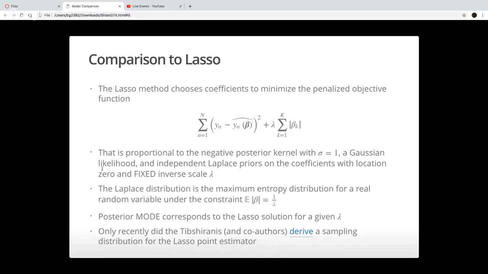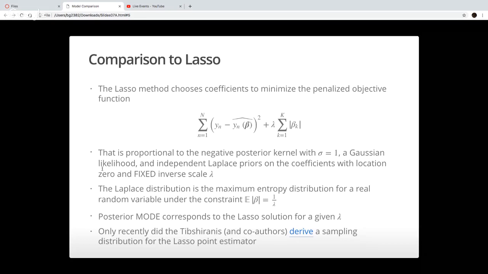If you find the minimum of that function, that corresponds to a posterior mode of a posterior that's defined by a Gaussian likelihood and this set of Laplace priors on the coefficients. For the most part, people doing lasso are not interested in anything frequentist like standard errors or confidence intervals or p-values.